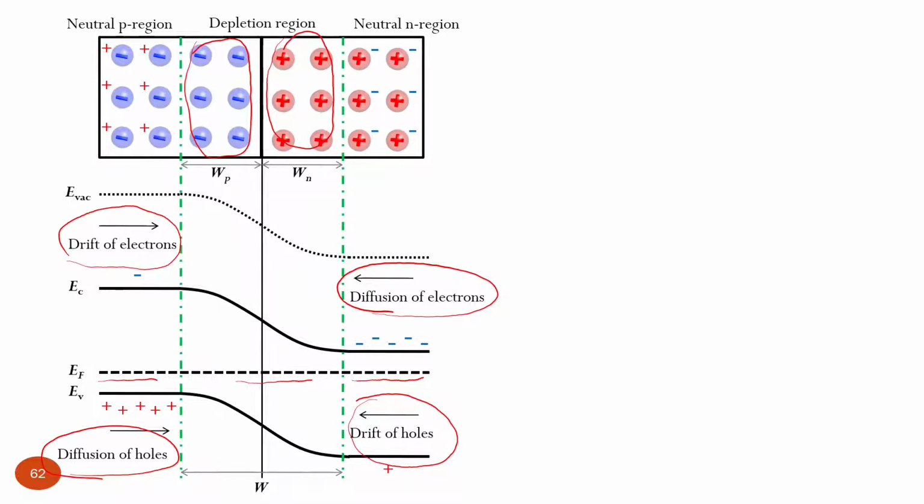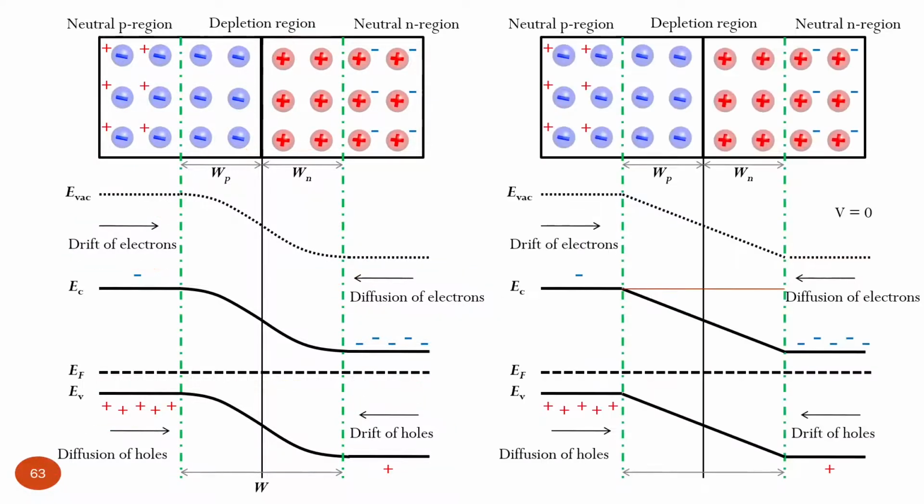The electric field built inside the p-n junction facilitates drift of these minority charge carriers. These currents compensate each other, and eventually the net current in such a system is equal to 0. So that is the equilibrium condition, and now we will show this energy diagram in a bit simplified way in order to make it easier for graphical representation.